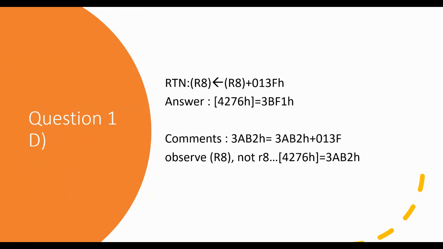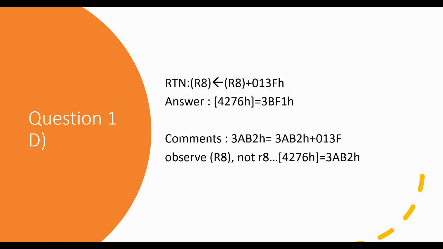Now, what's pointed by R8? R8 is 4276, and what's inside 4276 is 3AB2. So you take 3AB2, you plus with 013F. You can see this is a direct approach. So 01 3F, this is a value.